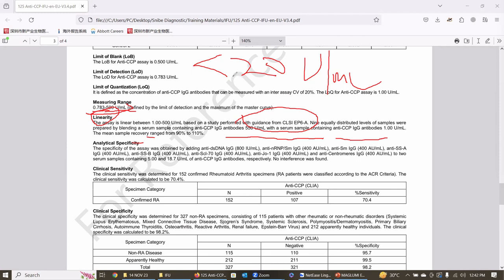If the patient value is less than the cutoff value, they consider it negative. If the patient value is higher than this, they report it as a positive value for rheumatoid arthritis with respect to the anti-CCP value. But the unit is quantitative in both, in terms of quantitative and semi-quantitative.